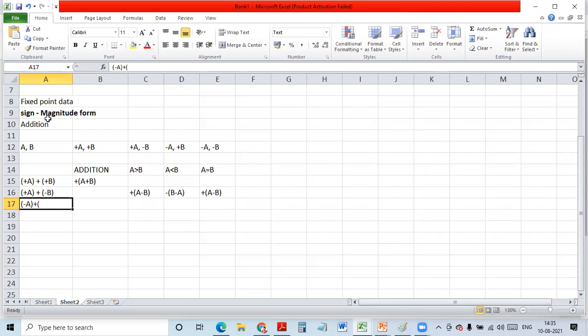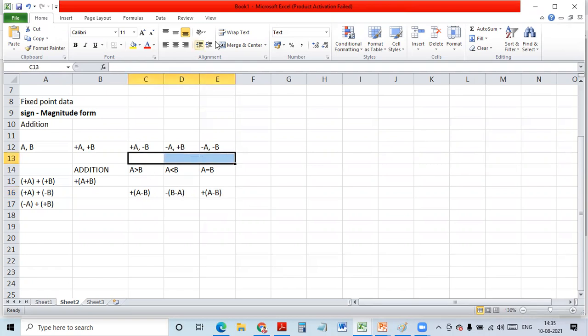another number plus b. Okay. So now what is the condition? Here, what is the operation that is performed? Though we wish to perform addition, here the actual operation is subtraction.